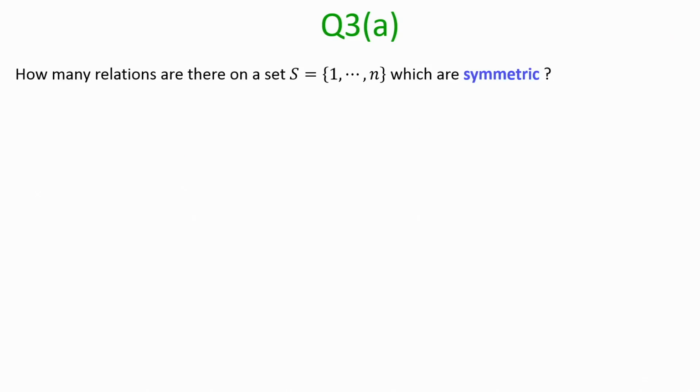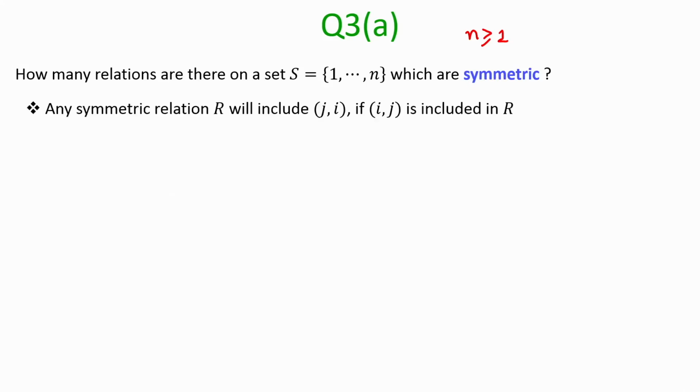Now, in question 3 there are several parts and you are given a set S consisting of n elements where n is not 0. So, implicitly I am assuming here that n is greater than or equal to 1, and now I have to count the number of possible relations satisfying some properties. The first property is that I am interested in counting the number of relations on this set S which are symmetric.